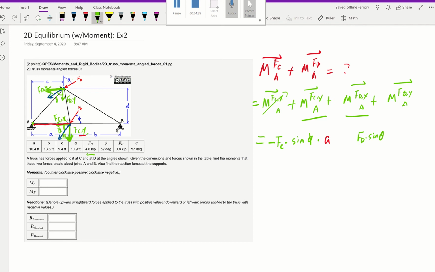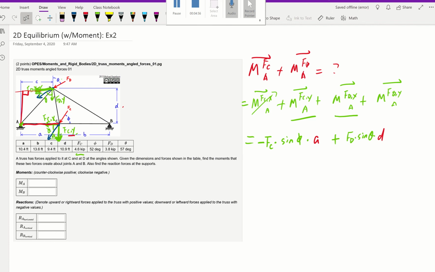Knowing that, we figure out the moment arm, because moment is force times moment arm. The moment arm is perpendicular to that force, so we take the D dimension. And now think about the sign. This force is rotating about A counterclockwise, so that's positive.